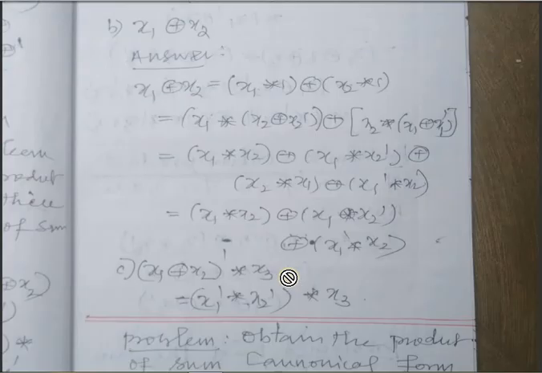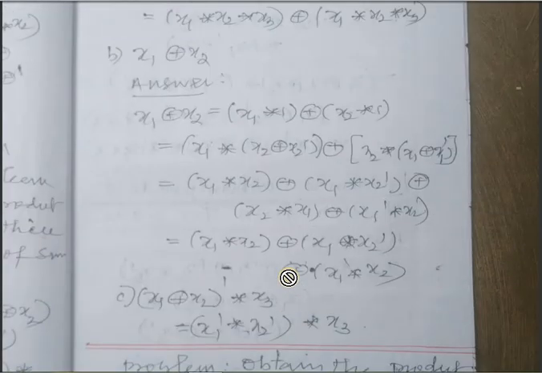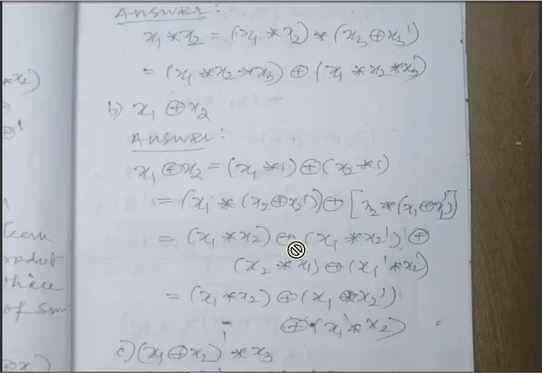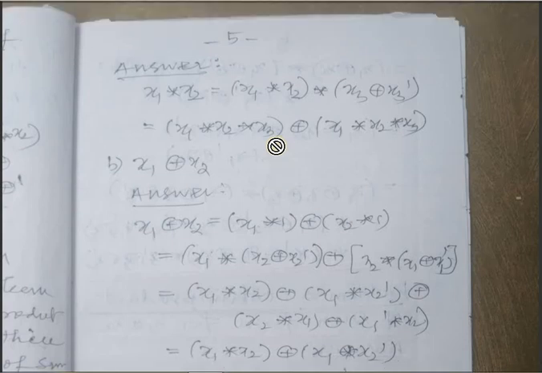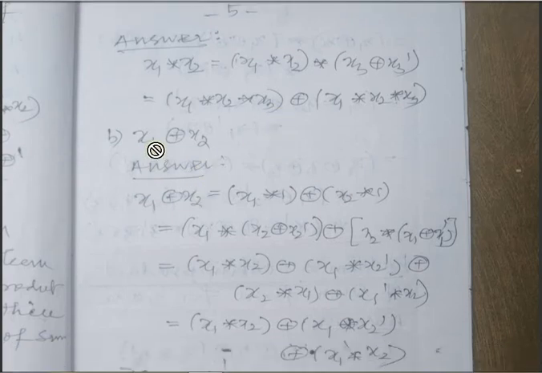One more example we'll take, and with that we have to end today as 15 minutes is over. So let us take this: x1 join x2. We have to write this as join of meets.